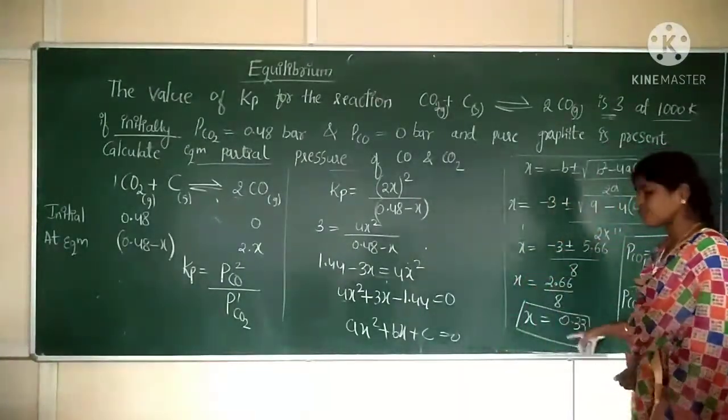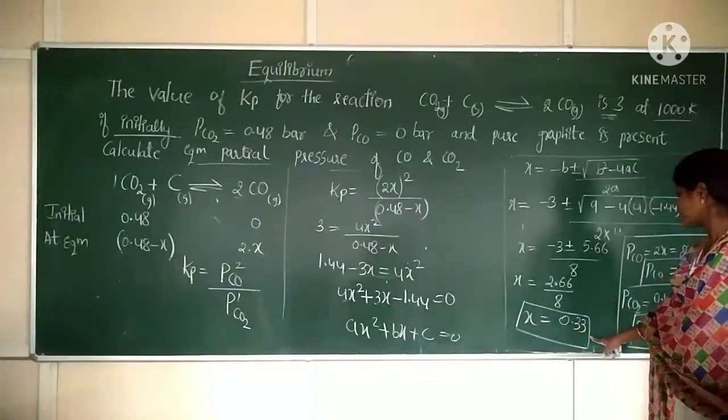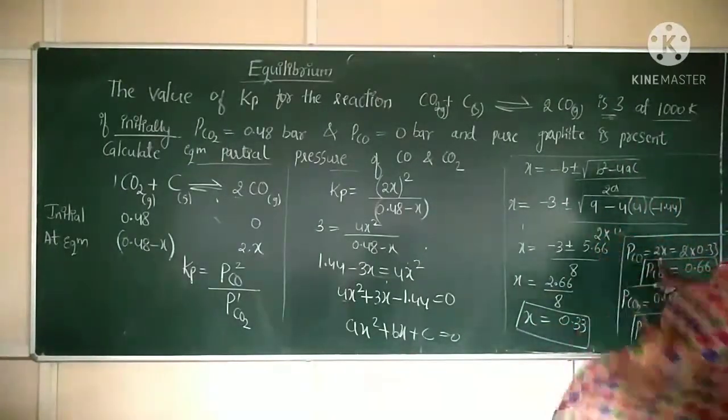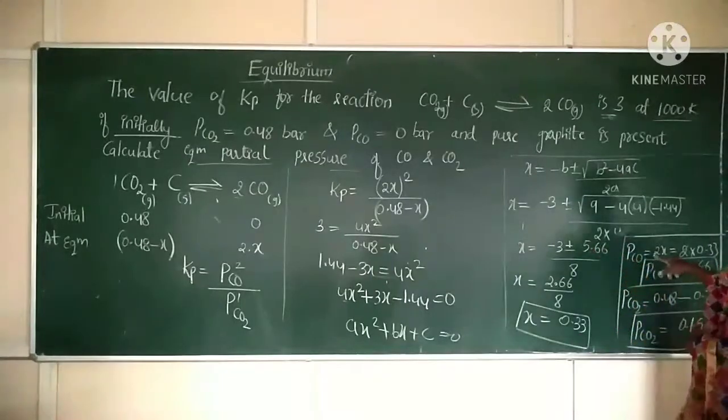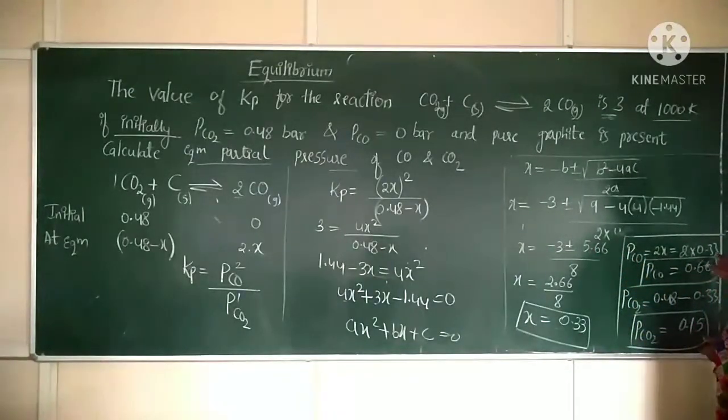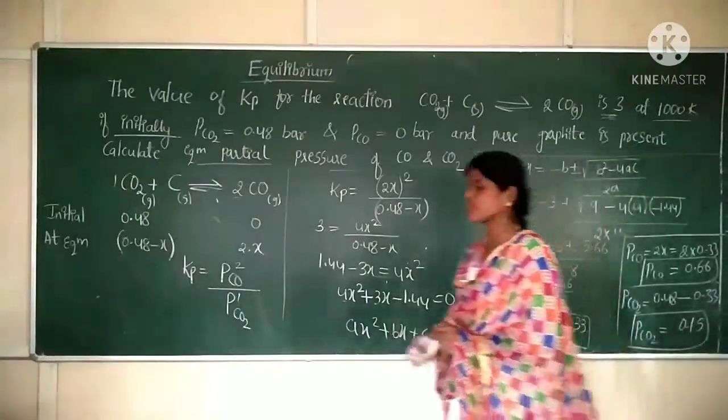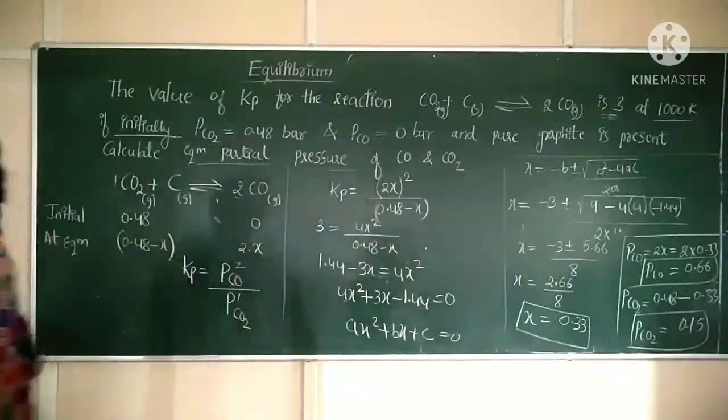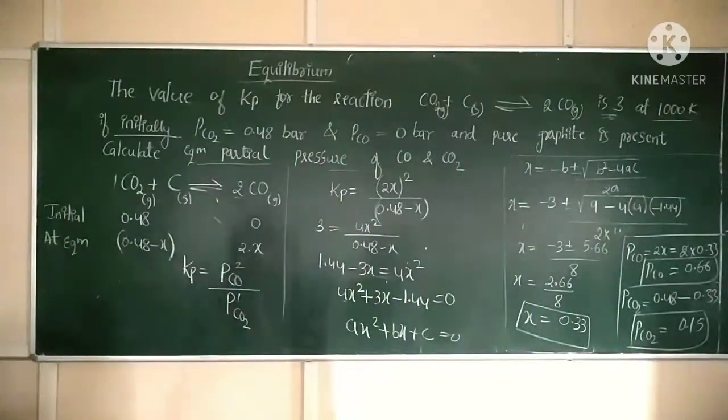So I take the positive value, x equals 0.33. Now what is the equilibrium concentration? 2x, correct? So 2 into 0.33 will be 0.66, and PCO2 is 0.48 minus 0.33. Finally we will get 0.15 as the partial pressure of carbon dioxide.